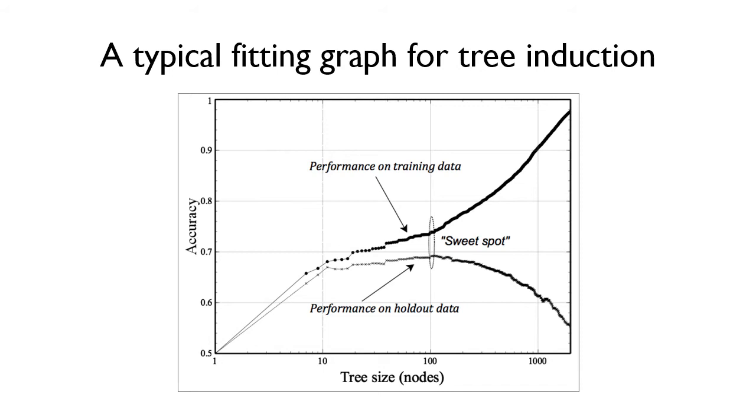But at some point, the tree starts to overfit. It acquires details of the training set that are not characteristic of the population in general, as represented by the holdout set. In this example, overfitting starts to happen at around x equals 100 nodes, denoting the sweet spot in the graph.